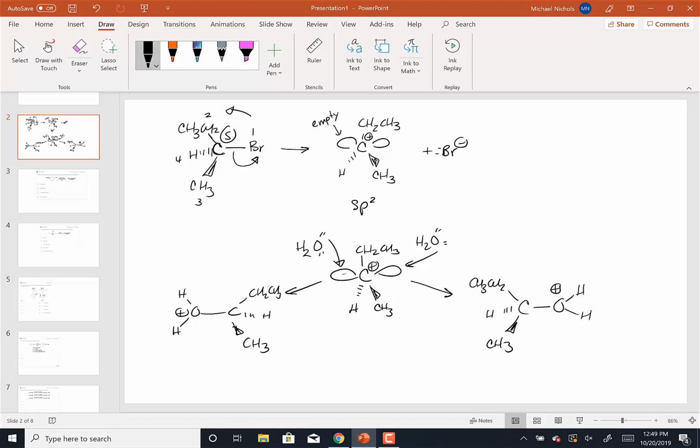So I form my oxonium ion, then my hydrogen-oxygen bond breaks and my pair of electrons goes back to the oxygen. So now I'm going to end up with, and each one of those oxygens still has a lone pair. So I'm going to end up now with this stereochemistry.